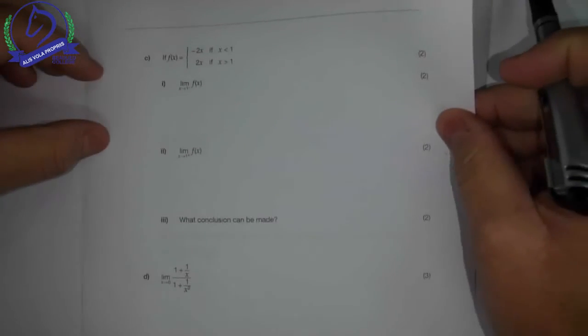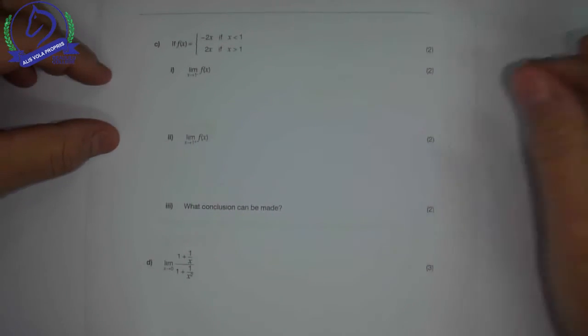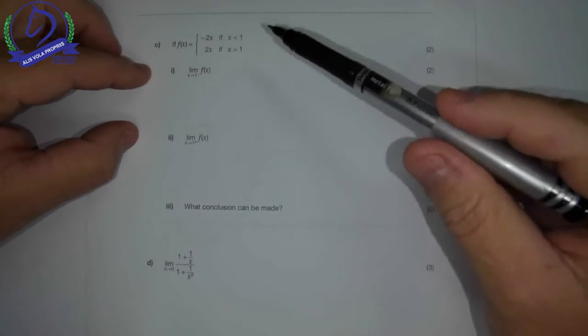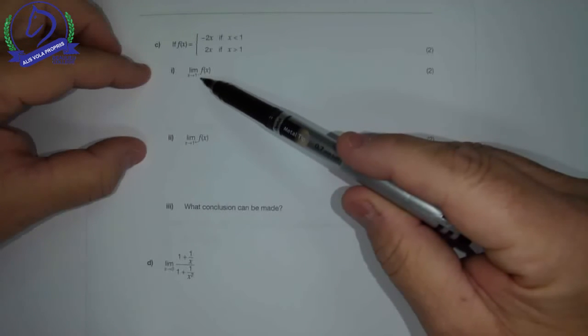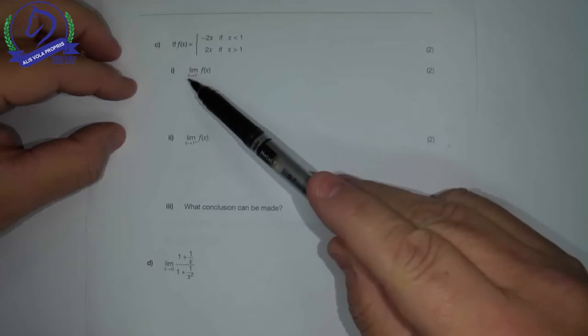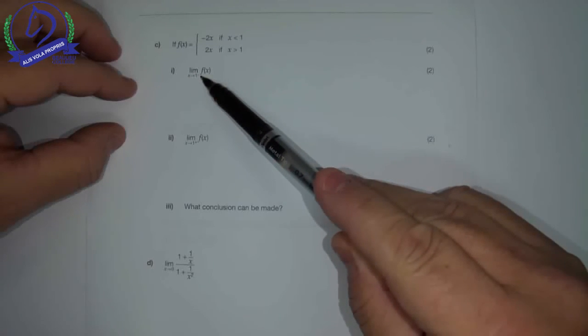Okay, let's do now the limits of a split function. In this case, if I'm going to calculate the limit, remember that I need to look at where I'm calculating. So I'm looking at the limit of that function when x tends to 1 from the left.